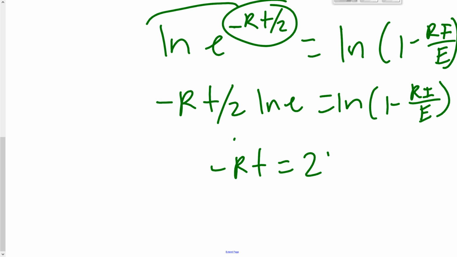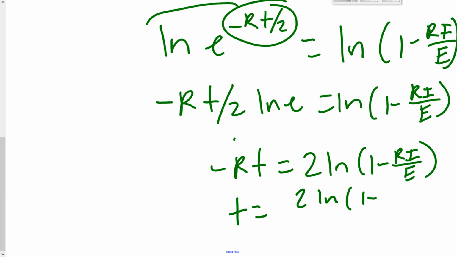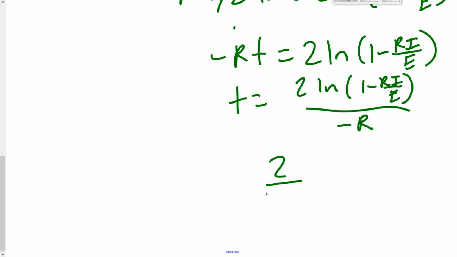So multiply by 2 on both sides. And then we can divide by negative r. So t is equal to 2 ln of 1 minus ri over e, all over negative r. Or you could write it like this: 2 over negative r, or negative 2 over r, ln of 1 minus ri over e. Those are both the same.